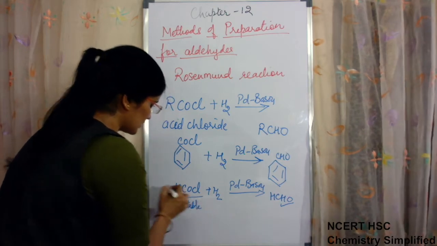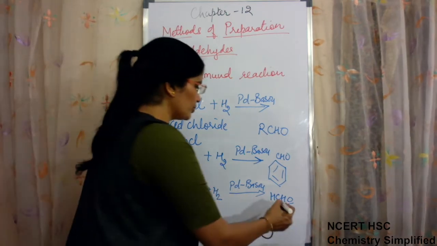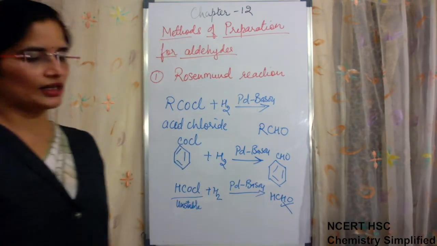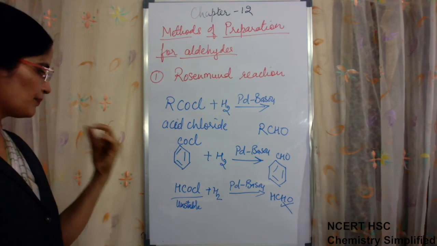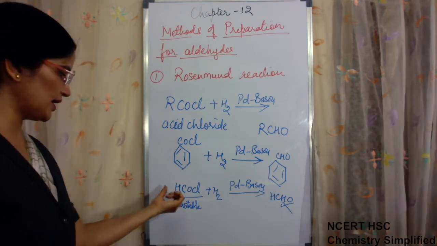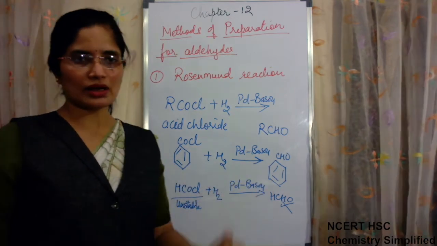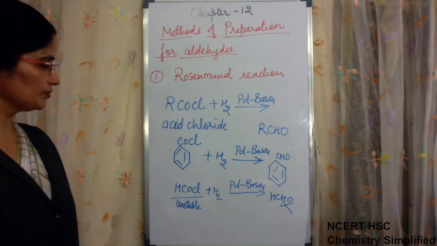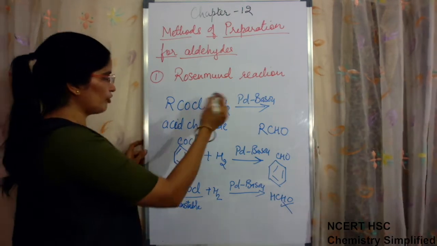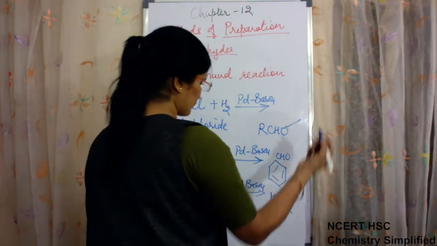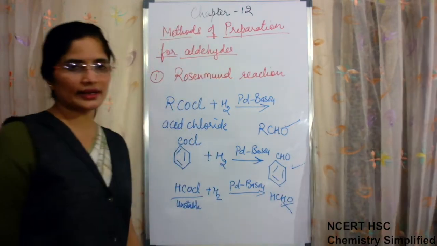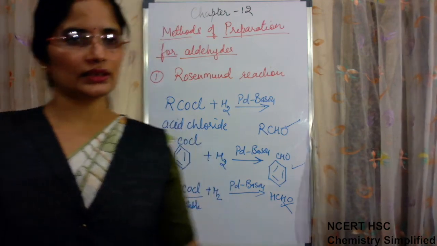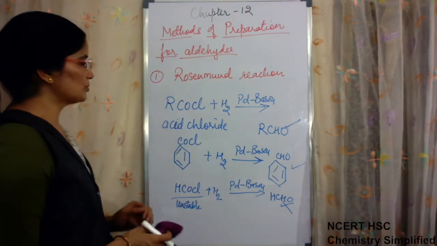So in this reaction, formaldehyde cannot be produced because the starting material HCOCl is highly unstable. Okay, so this method is suitable for preparing any aldehyde other than formaldehyde, and aromatic aldehydes also. Clear? This is Rosenmund reduction.